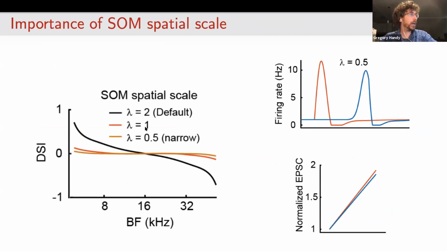We can ask, what happens if we make them on the same order as PV cells? And we see that when that happens, we eliminate DSI. Again, this leading suppression is not seen here in the firing rate, and we have no amplification. So the spatial component is very much key as to why some cells play such an important role.